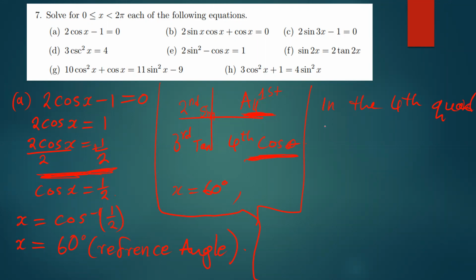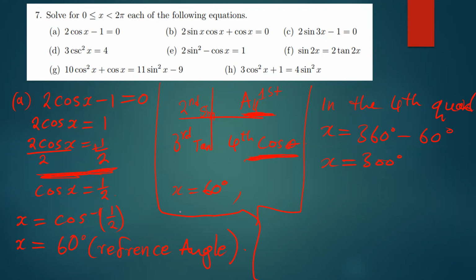In the fourth quadrant, the value of x is found by subtracting the reference angle from 360. So we say 360 degrees minus the reference angle, which is 60 degrees, and hence the answer you get is 300 degrees. So this is what we found as the answer.